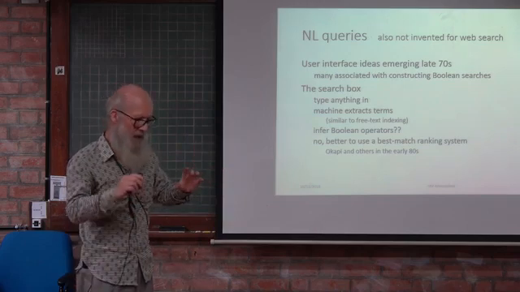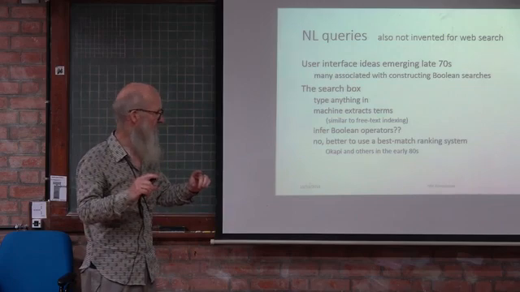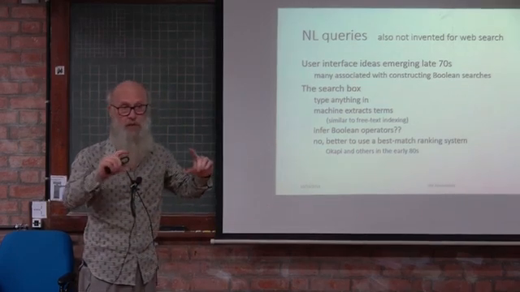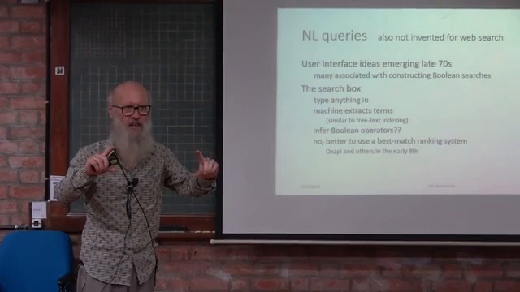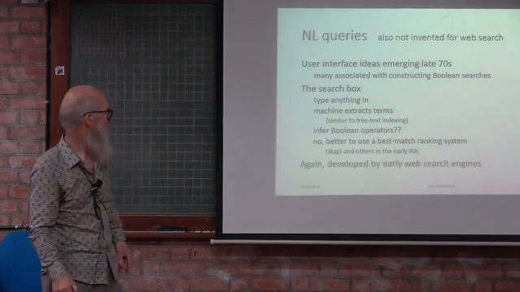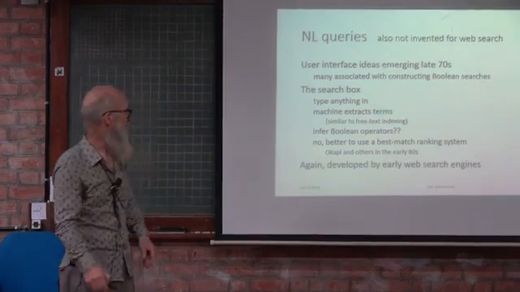I think Okapi was the first system, in about 1984 or so, to offer the user a text box of the kind I just described. So it was certainly around already. Again, it was taken up and developed by the web search engine people.